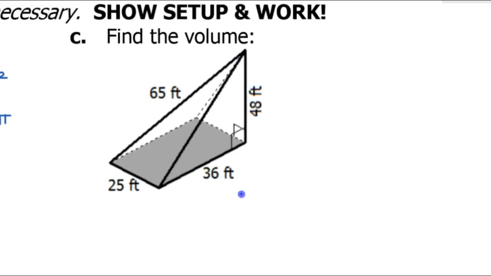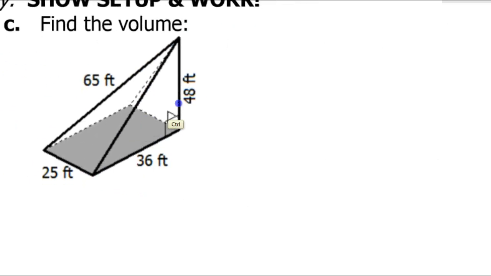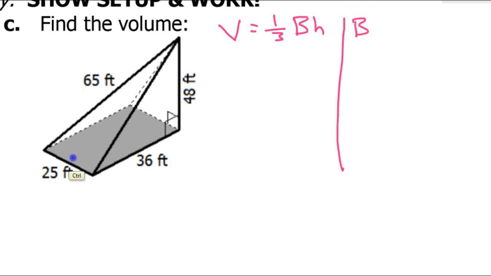So moving on to part C. This is a pyramid. So the formula for the volume of a pyramid is 1/3 the area of the base times the height. So let's start by finding the area of the base. The base is this rectangle.